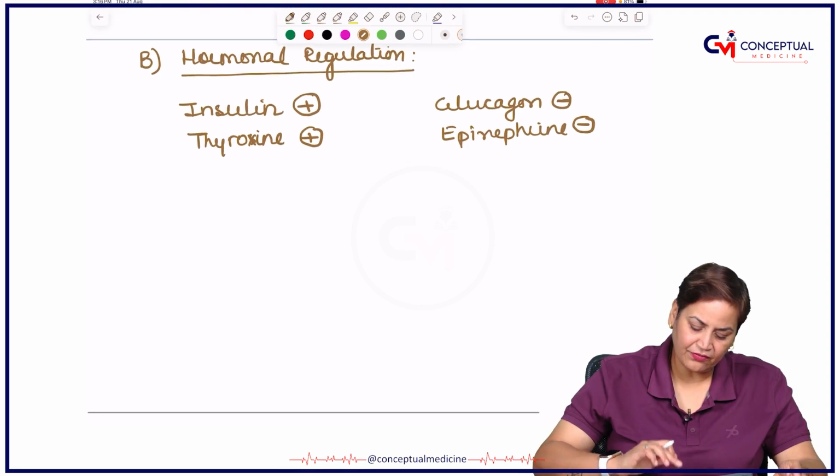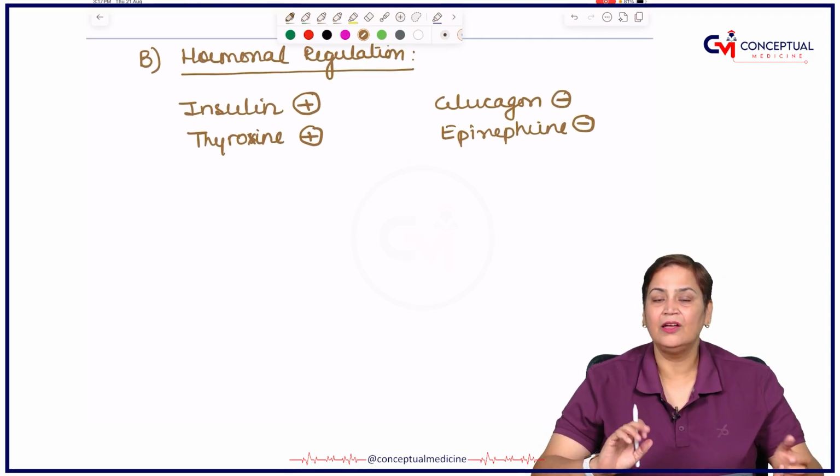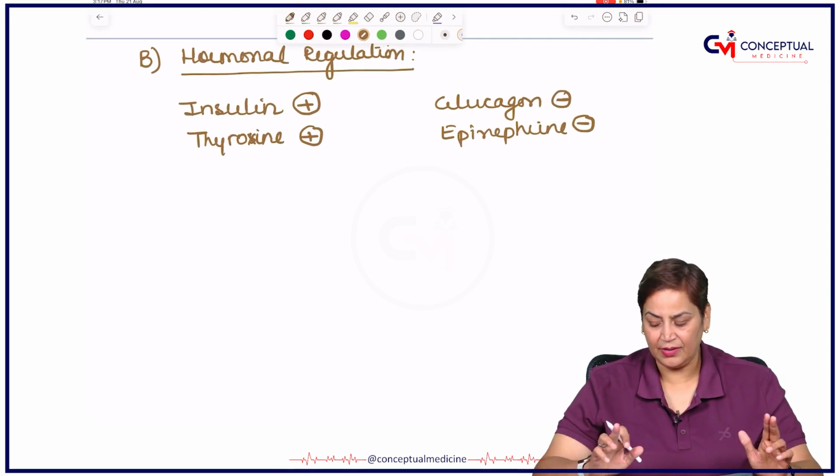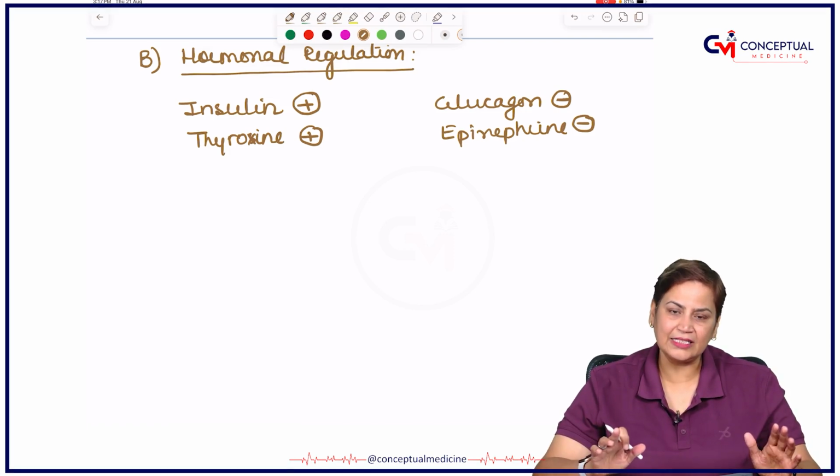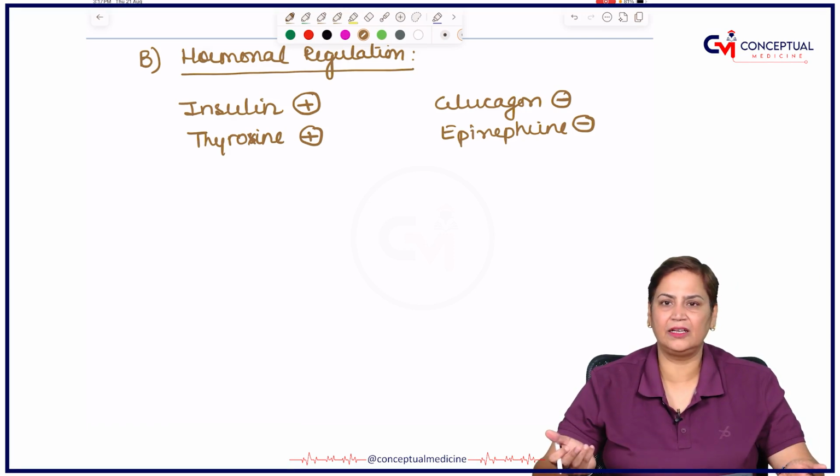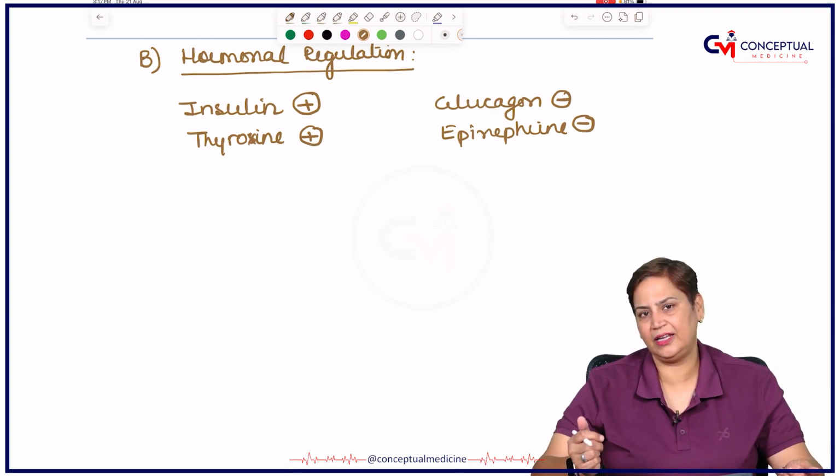Now the question is, if insulin is activating it, what is the target enzyme? The target enzyme is none other than HMG-CoA reductase.